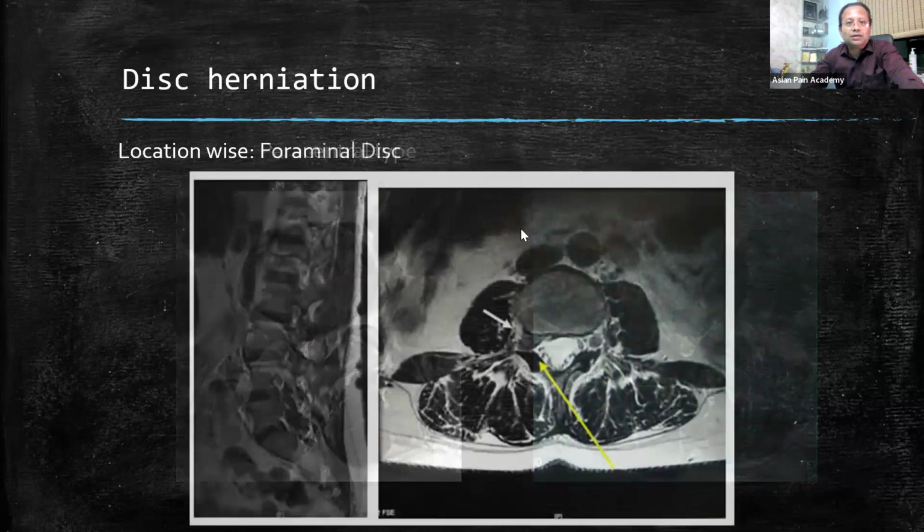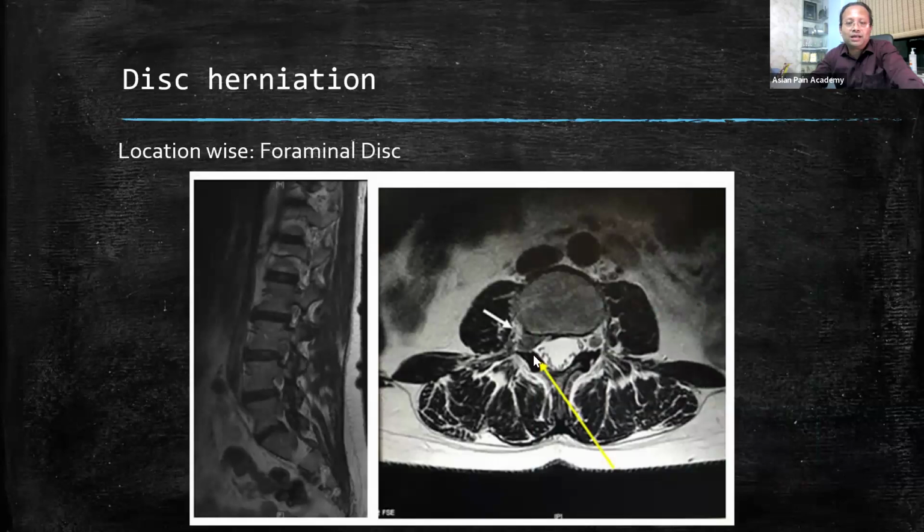Now let us see the foraminal disc. So foraminal disc is just when the pedicle is not there, just below the pedicle, that area where pedicle should have been. So if there is a disc in this area, this is called foraminal disc. So here you have to understand this sagittal section has to be at the foraminal level. Otherwise, how will you see?